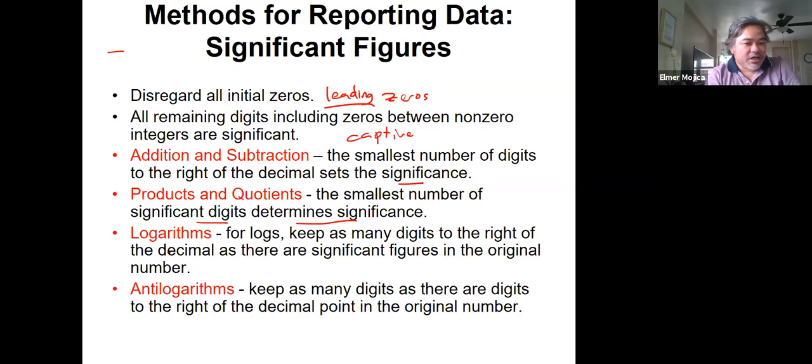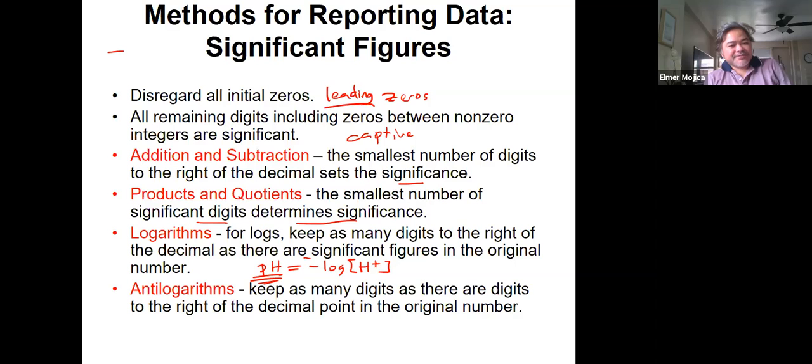And then we have log and anti-log, because you're going to deal with pH. For log, keep as many digits to the right of the decimal as there are significant figures in the original number.